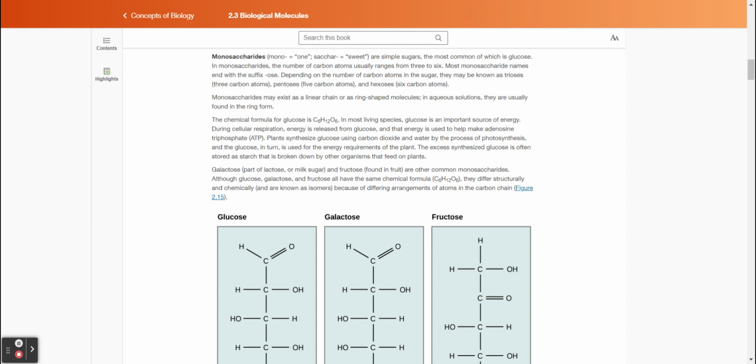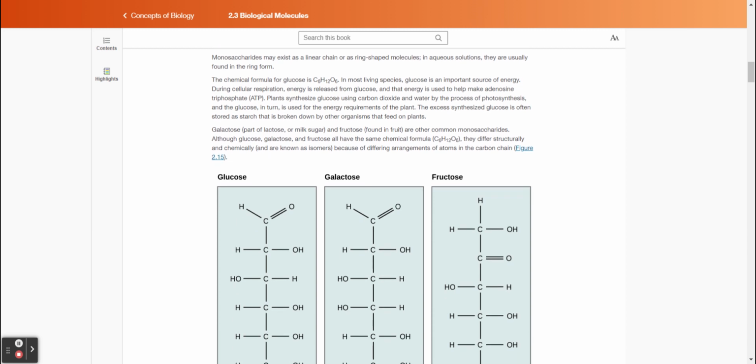Depending on the number of carbon atoms in the sugar, they may be known as trioses, 3 carbon atoms, pentoses, 5 carbon atoms, and hexoses, 6 carbon atoms. Monosaccharides may exist as a linear chain or as ring-shaped molecules. In aqueous solutions, they are usually found in the ring form.